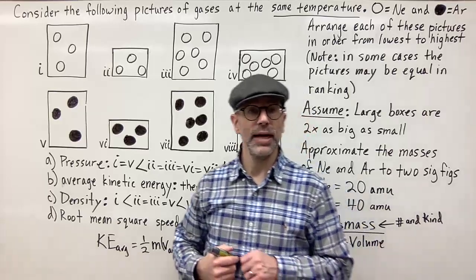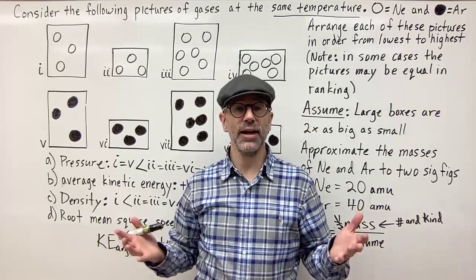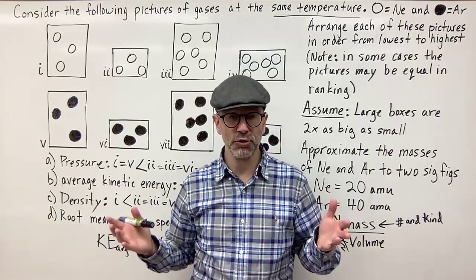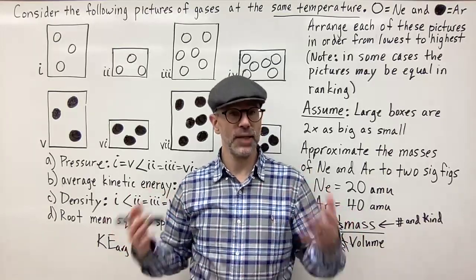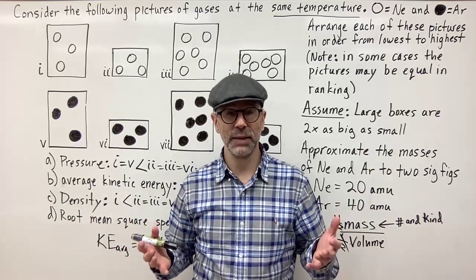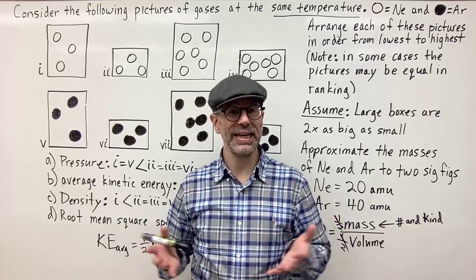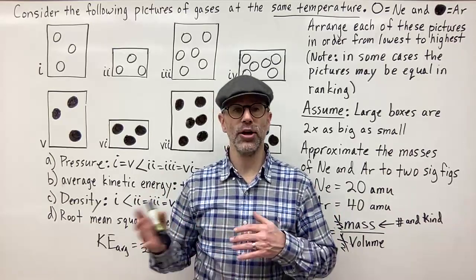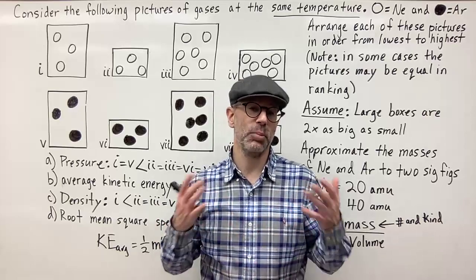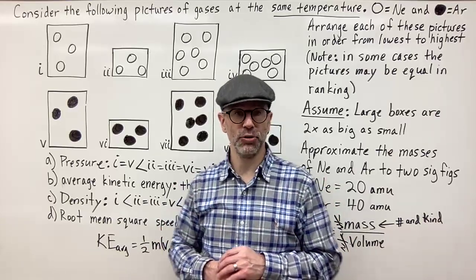Now, this does not depend on volume. It doesn't depend on the number of particles. It just depends on temperature, right? So if all particles are at the same temperature, then the only thing determining whether something's moving faster, whatever the average velocity is going to be, is the mass of the particles.